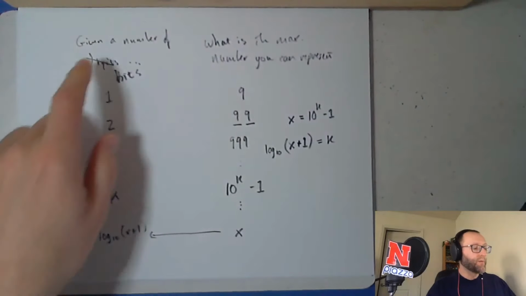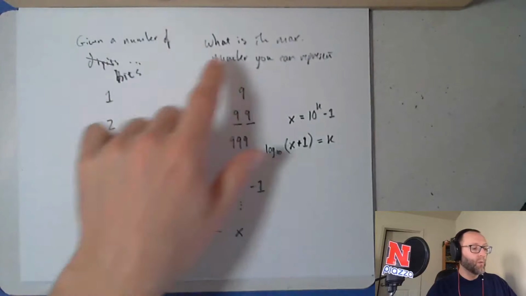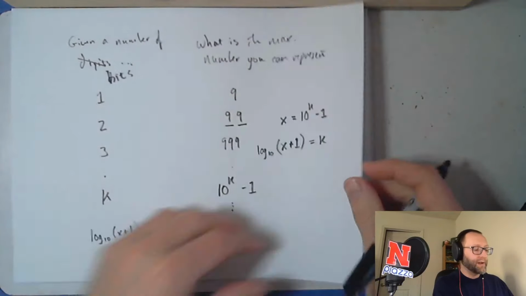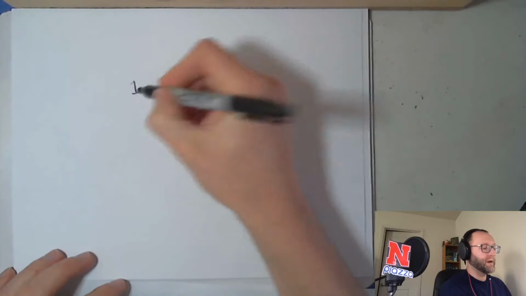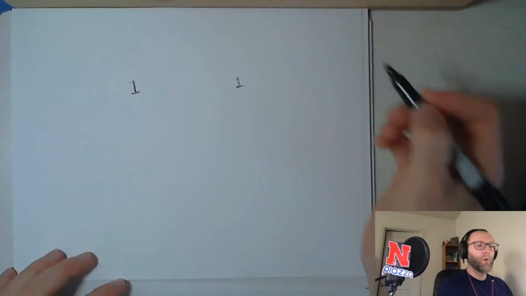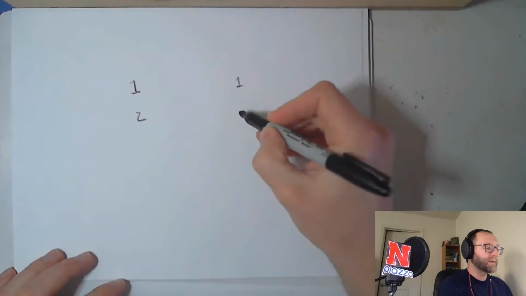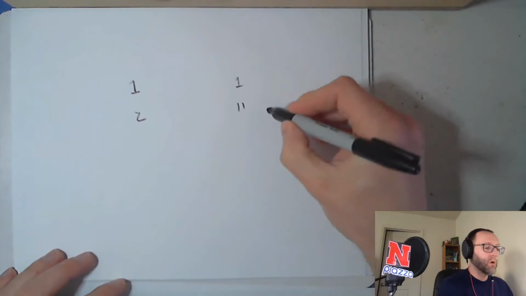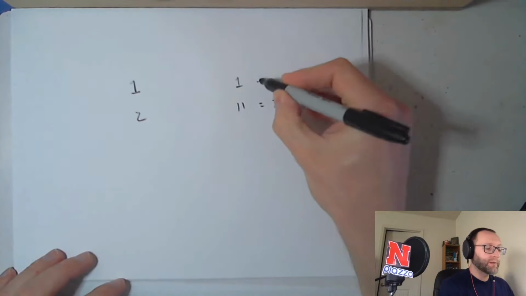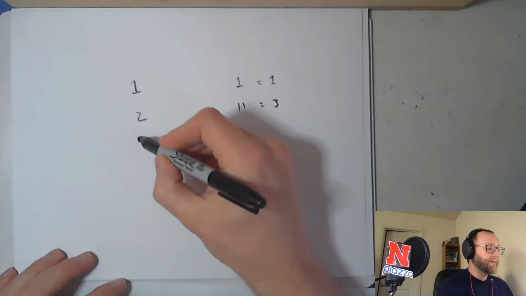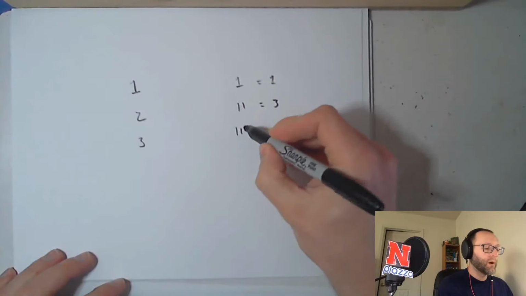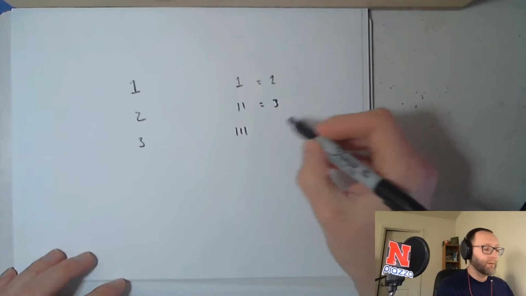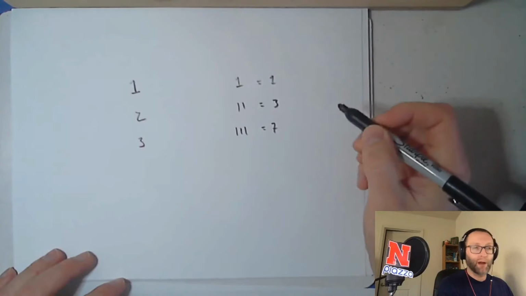Right? So if I gave you a number of bits, what is the maximum number that you can represent? All I need to do is go through the same exercise here. If I gave you 1 bit, well, then it'd be 1. If I gave you 2 bits, then it'd be 1, 1, which corresponds to 3. This one corresponds to, of course, 1. If I gave you 3 bits, 1, 1, 1 is the largest number that you could represent, which is 7 in binary.